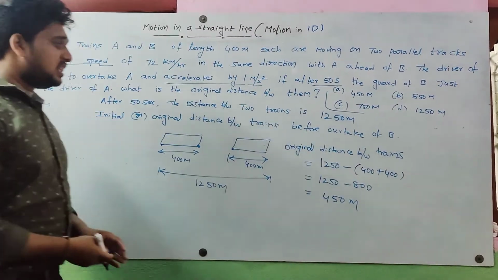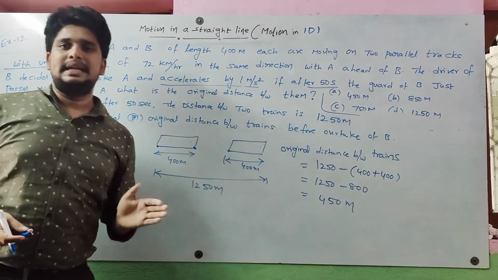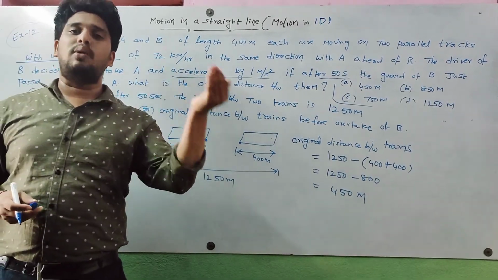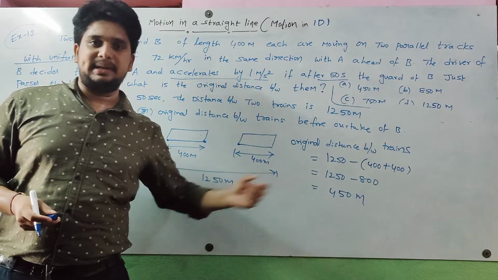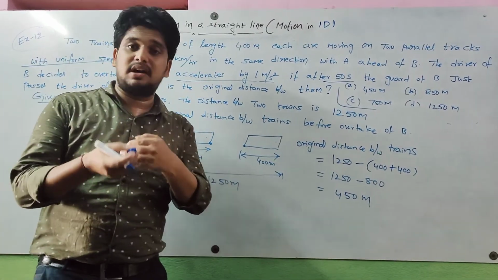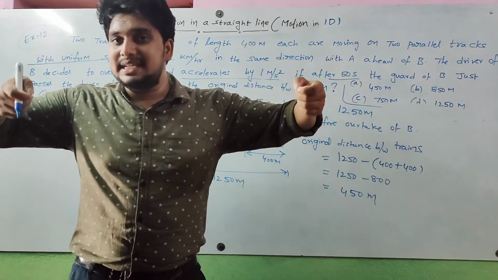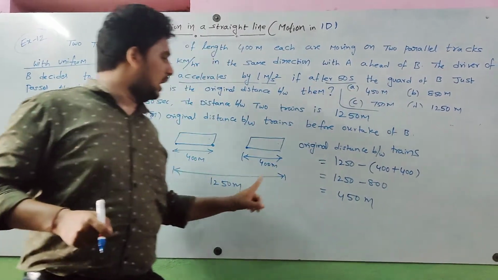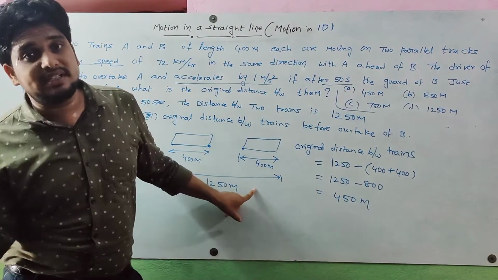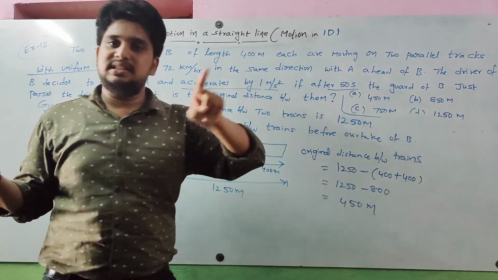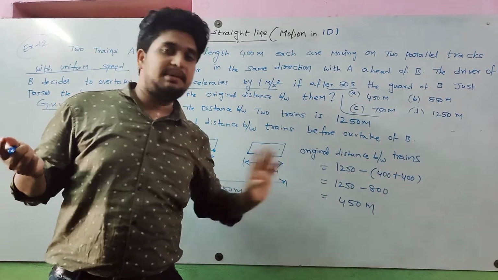So the original distance between train A and train B before the overtake is 450 meters. The question asks for the distance after overtake, which is 1250 meters. Before overtake, the original distance is 450 meters.